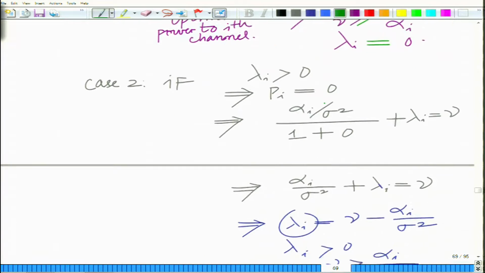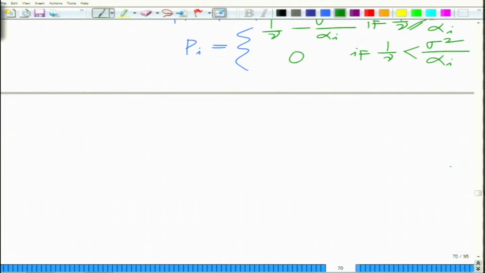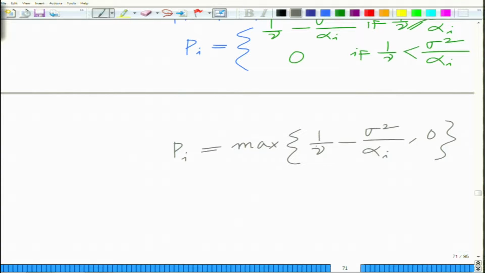Okay. Now, it does not really matter. So, basically what it means is, Pi is equal to 1 over nu minus sigma square by alpha I if 1 over nu is greater than or equal to sigma square by alpha I, and it is 0 if 1 over nu is less than sigma square by alpha I. And therefore, you can write this Pi succinctly as Pi equals the maximum of 1 over nu minus sigma square by alpha I comma 0, because if 1 over nu is greater than sigma square by alpha I, then the maximum is 1 over nu minus sigma square by alpha I, which is the power Pi.